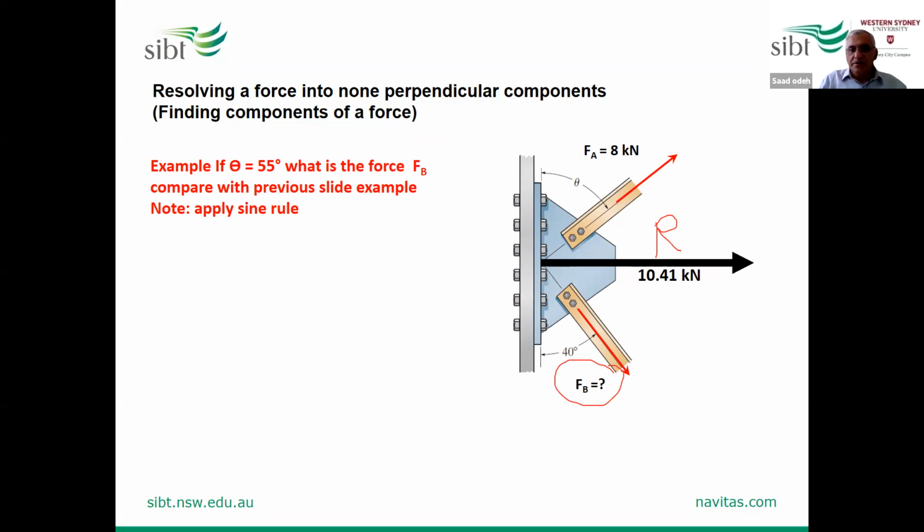In order to find this, I can draw a force parallel to this force FB from the other side here, and I complete the triangle.